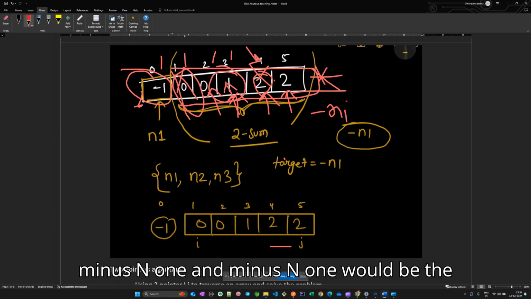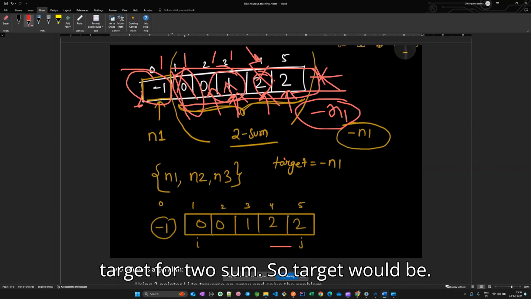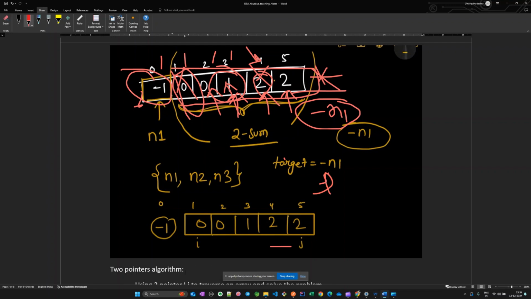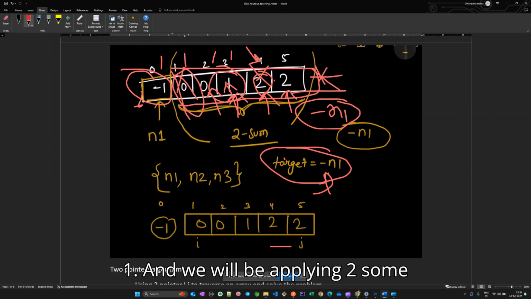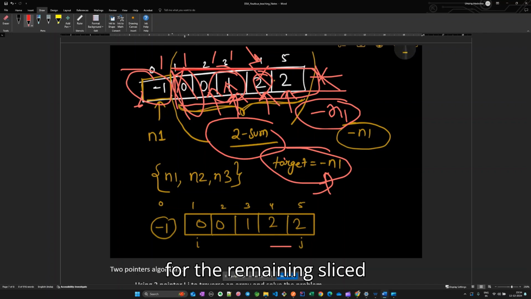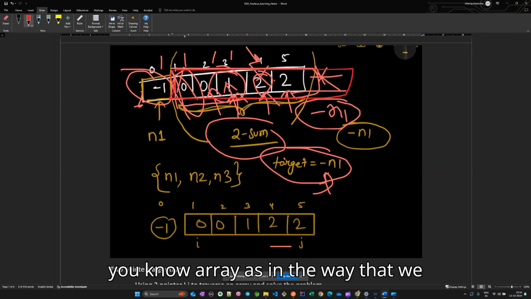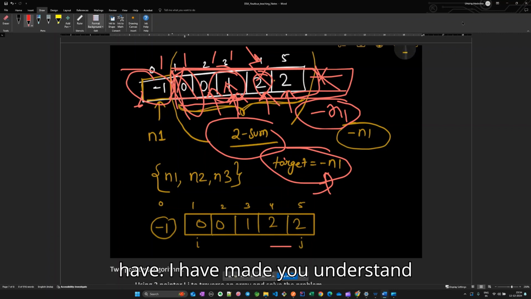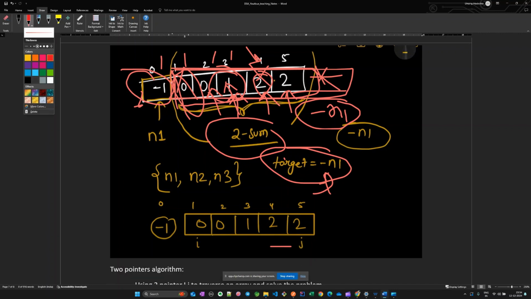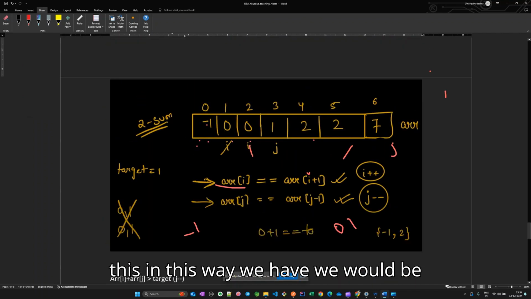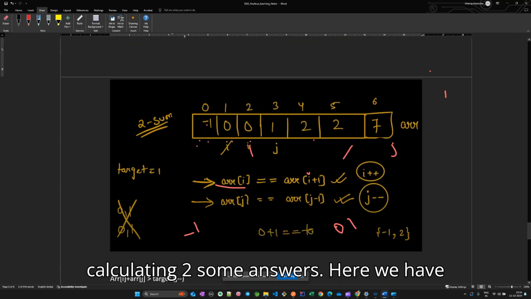Minus n1 would be the target for two sum. We will be applying two sum for the remaining sliced array, in the way that I have made you understand above. In this way we would be calculating two sum answers.